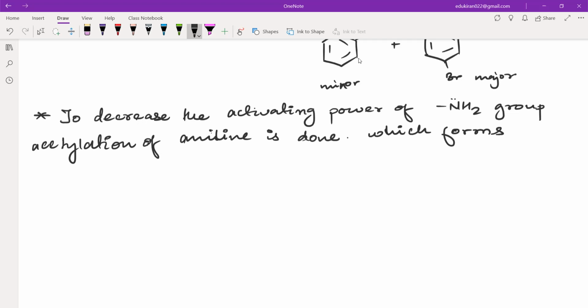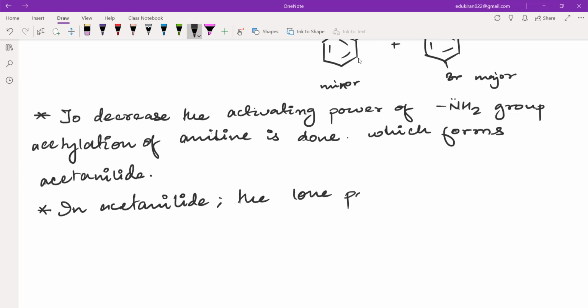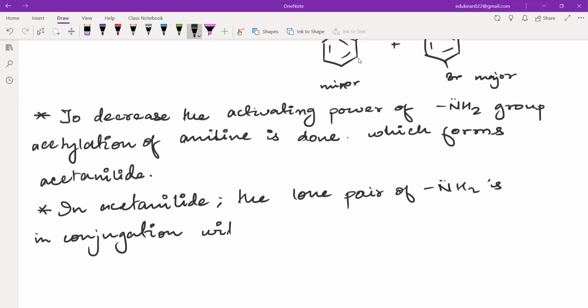acetanilide. Now, in acetanilide, the lone pair of NH2 is in conjugation with the benzene ring as well as the C double bond O group.